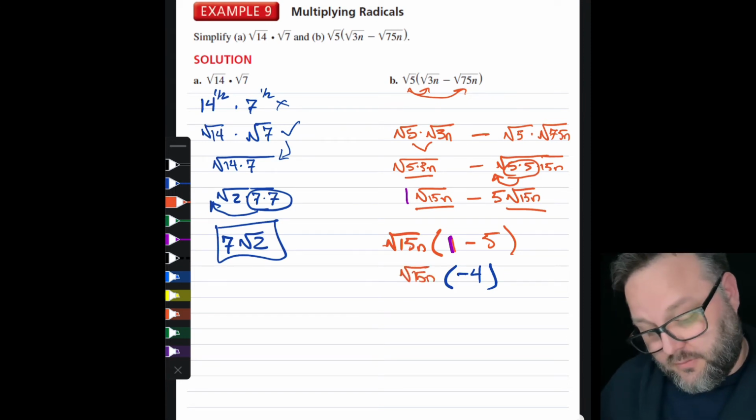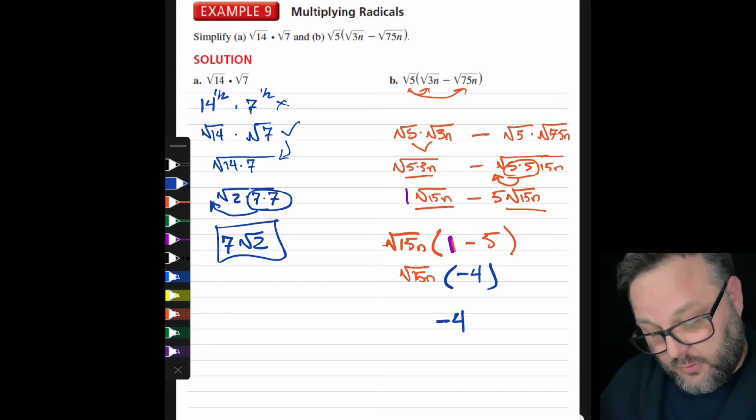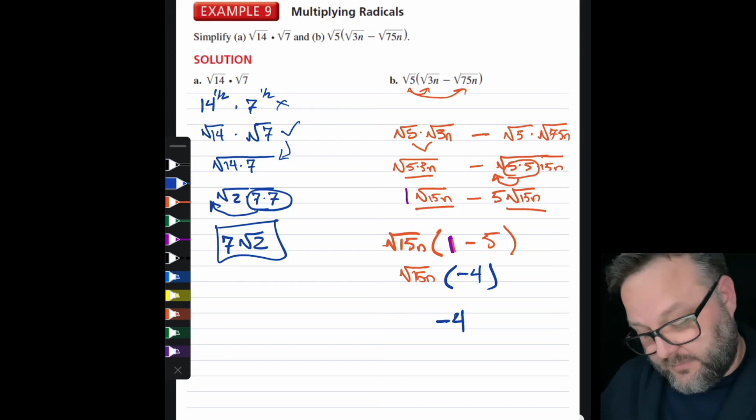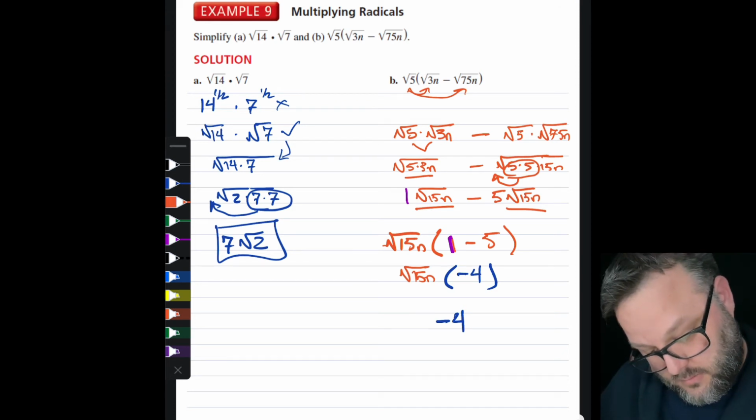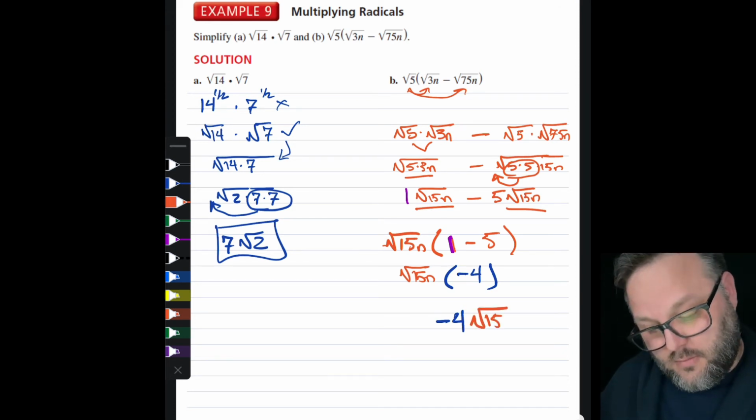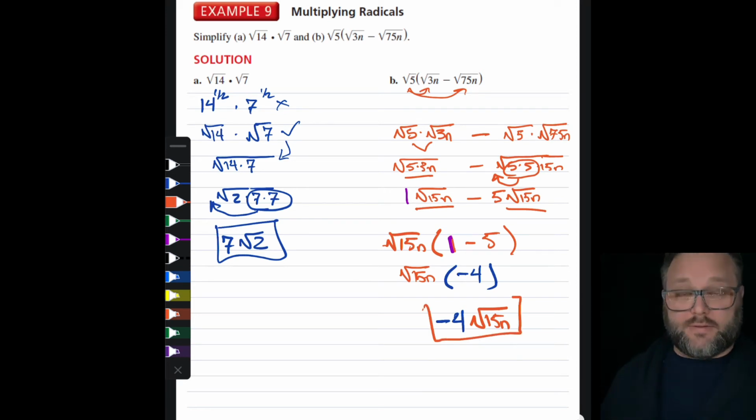So then, I rearrange it in the order I like, to have a number in front of any radicals or variables or exponents. And there's my final answer.